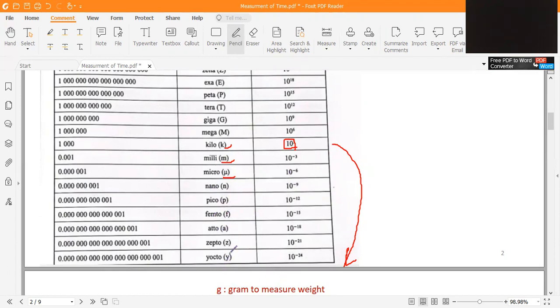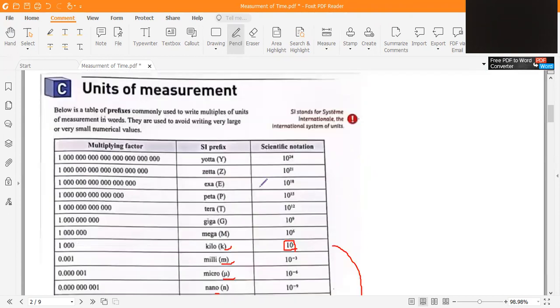Normally, most of the units that are smaller than kilo end in O.